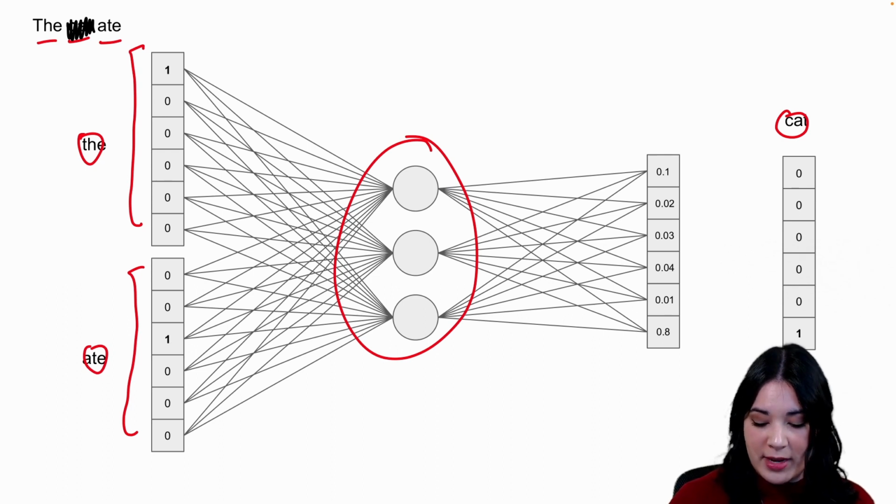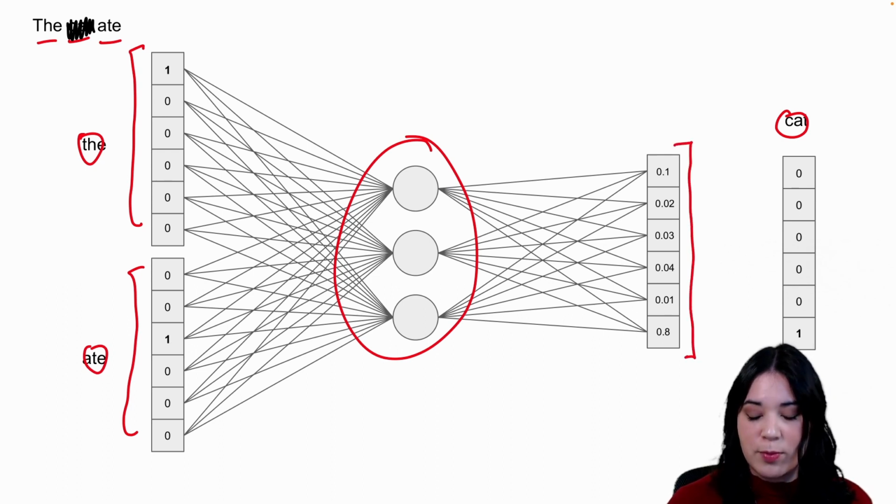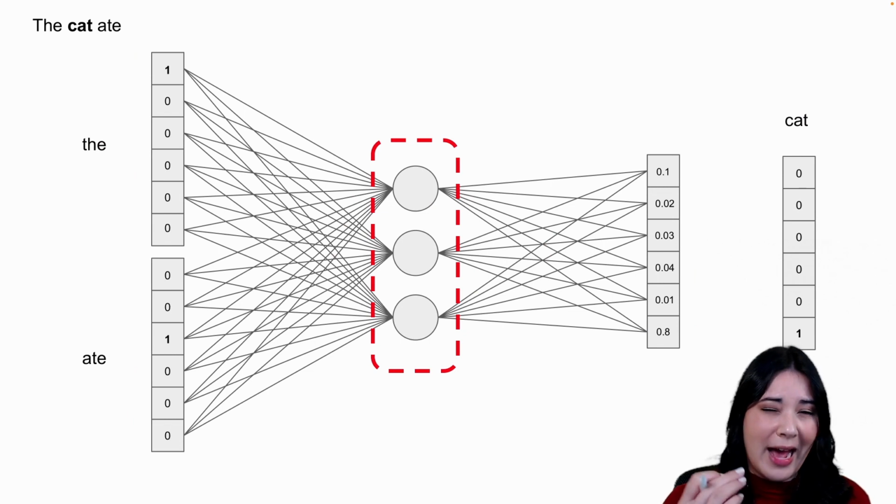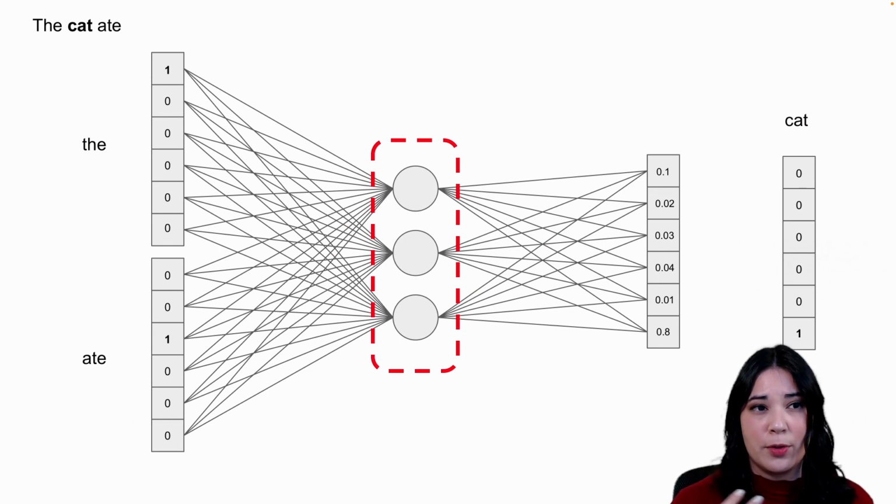The output of this network is going to be a vector of probabilities for which word it thinks should fill in the blank. Of course, we would like this to output the highest probability for the actual word, cat. And while this type of task is a little bit new, the structure of this neural network should be very familiar to you.